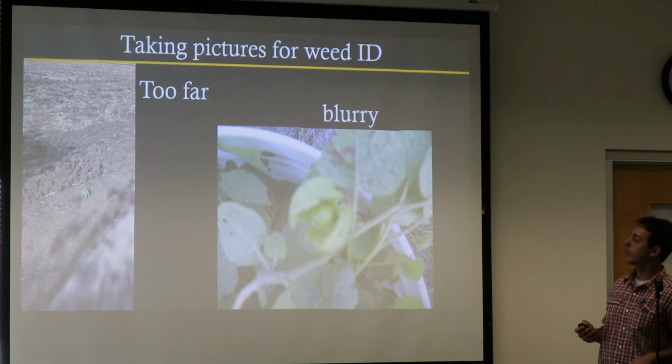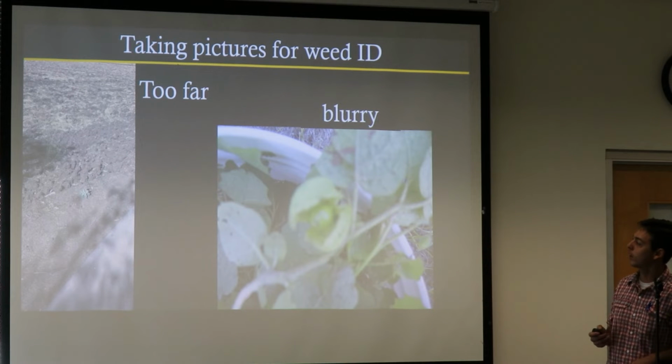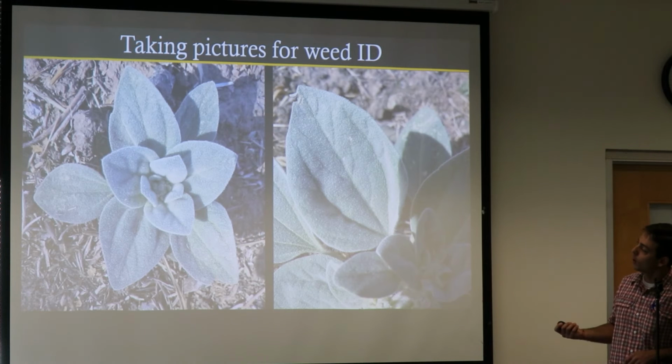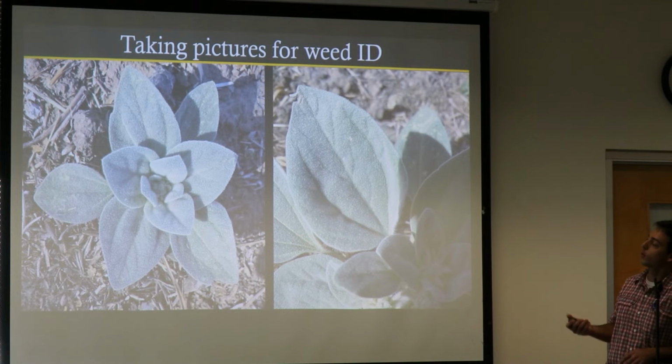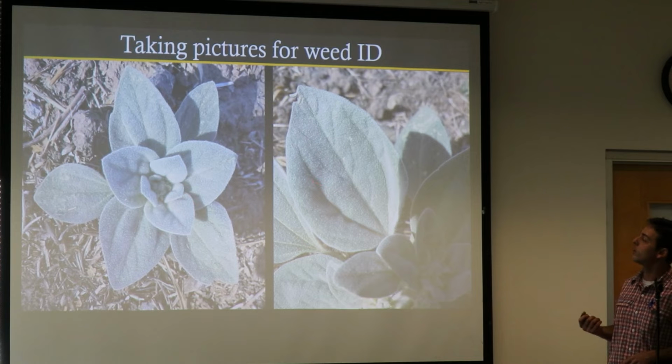Okay, so when taking pictures, what should we be looking at? These are two examples of not very good pictures. This one was taken too far and this one is too blurry. What I'm looking for would be something more like this: a close up of the weed species, and even more pictures are better.